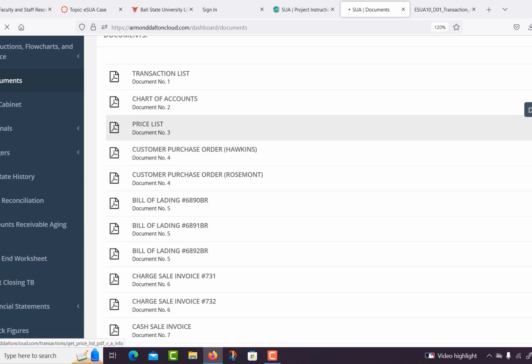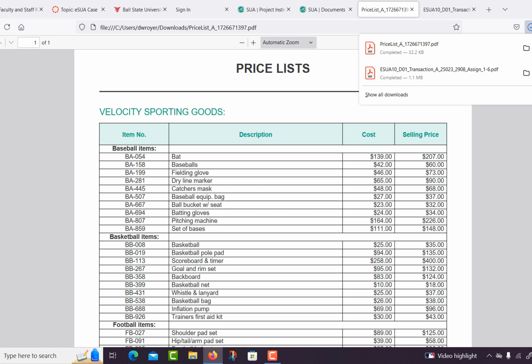You want both of these quickly available here. So when you look at this, you're going to have the price list and you're going to have the eSUA case. Now the case that's online is designed to be slightly different for everybody. So your numbers won't be exactly the same as somebody else's.